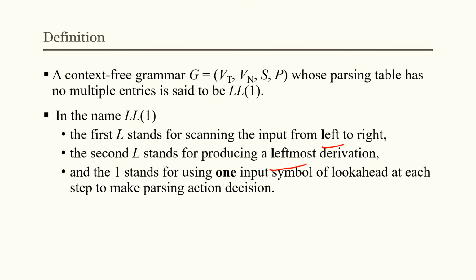And the 1 stands for using one input symbol of lookahead at each step to make a parsing action decision. So only one input symbol. That is what we call LL1.